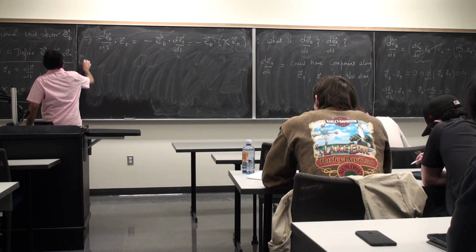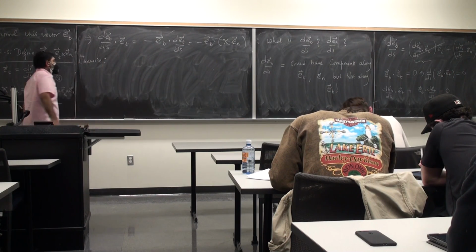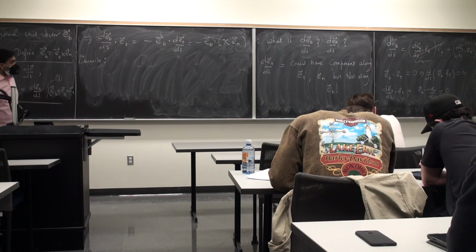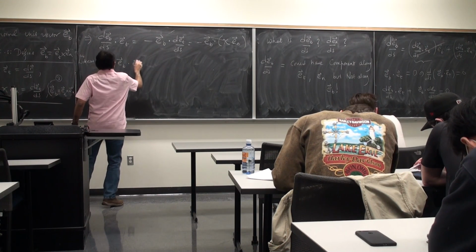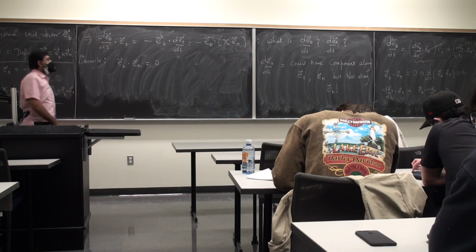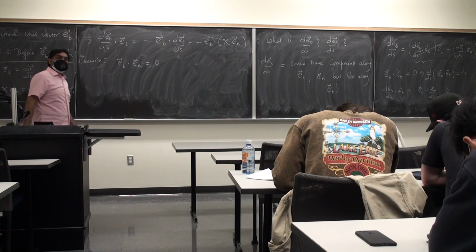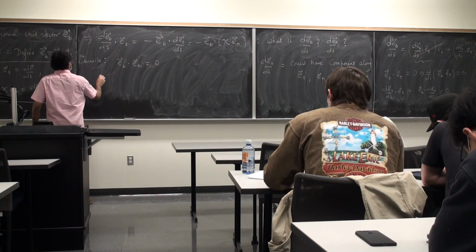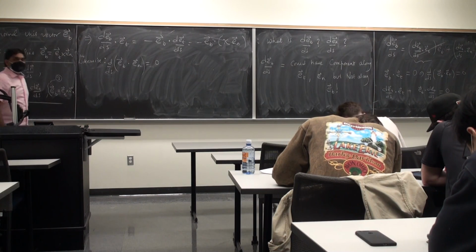Likewise, dEb by ds. Look at this dot product, EB dot with En is 0. Do the differentiation with respect to the distance, infinitesimal distance. So d by ds of that is still 0.